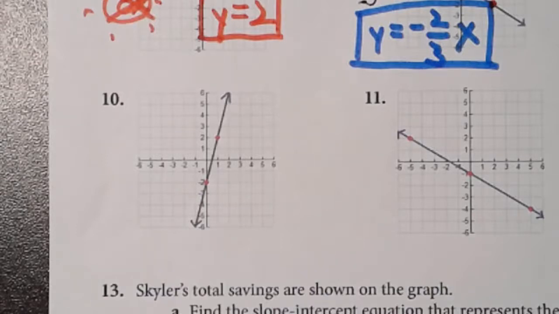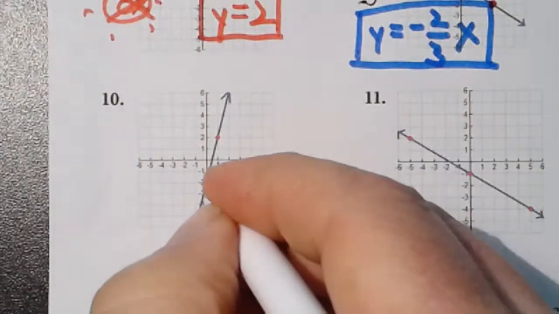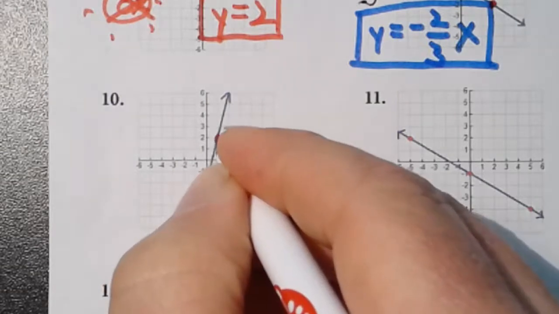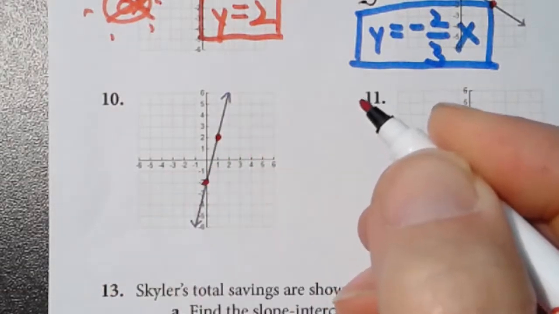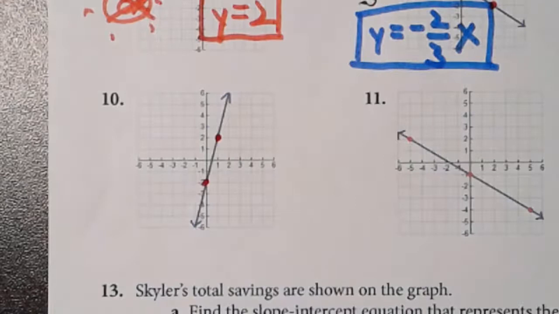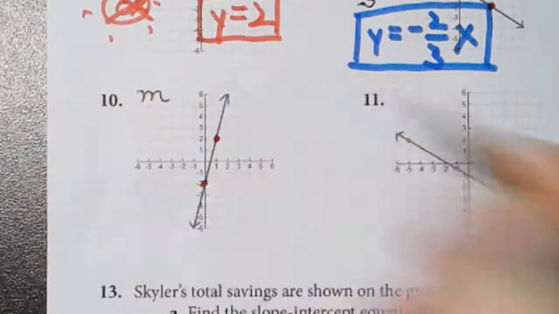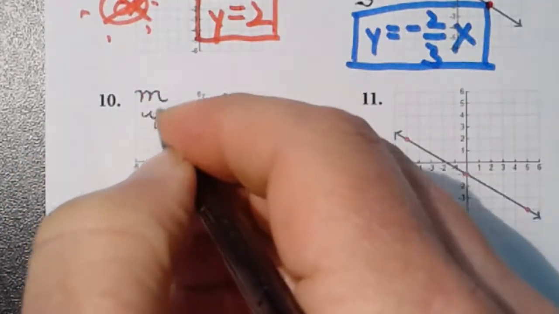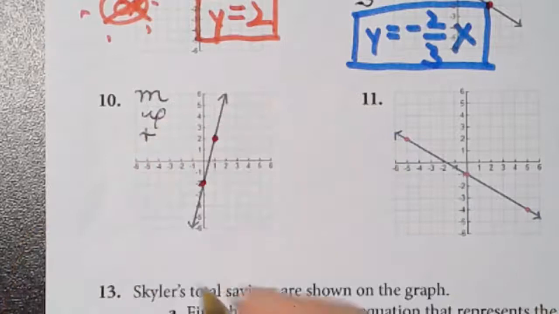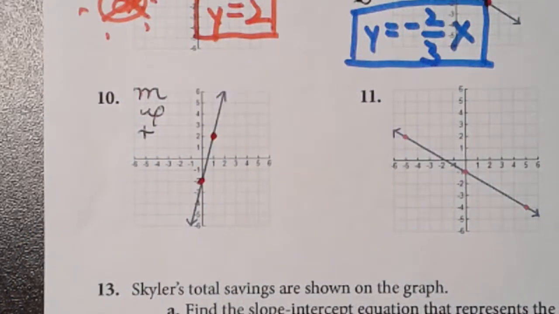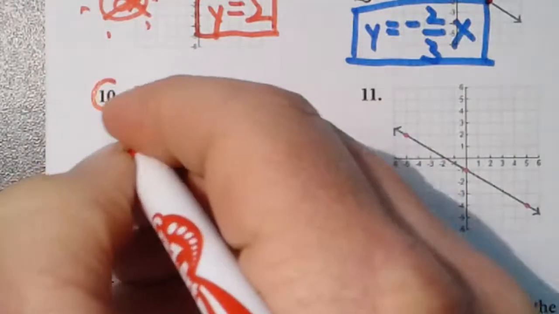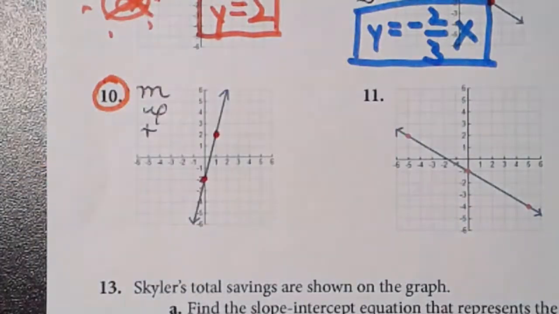Here we go. Okay, I got 2 dots there. Is this one going up or down? What does that mean for slope? It means it's positive slope. It's going up. There we go, red. It's going up 1, 2, 3, 4. And it's going over 1.